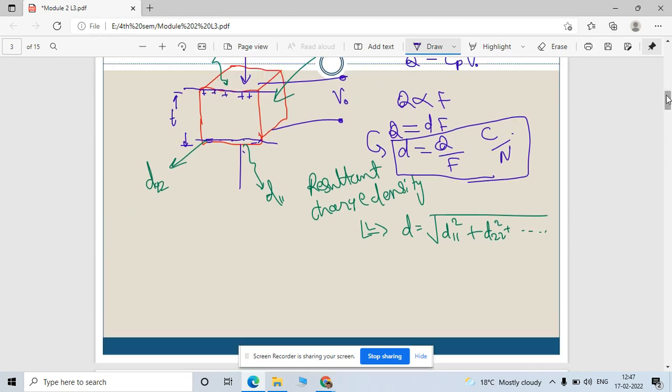See, in this book some natural piezoelectric materials are given. Examples: first is quartz, second is Rochelle salt, and third is barium titanate.